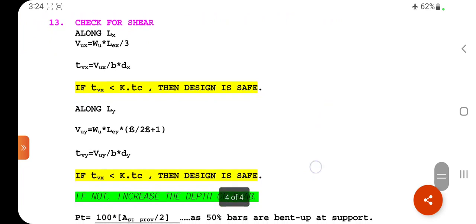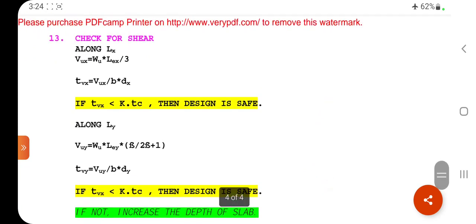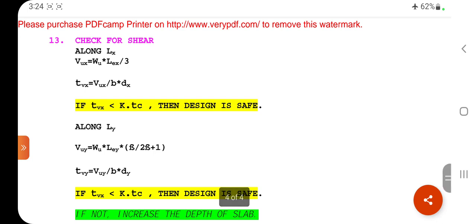Then we go for the check in shear. For the check of shear, we calculate Vux equals w into lx by 3. Then tau vx equals Vu divided by bdx. If tau vx is less than k into tau c, then the design is safe.